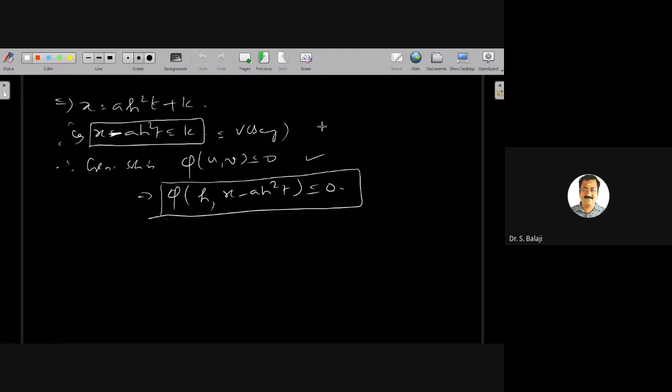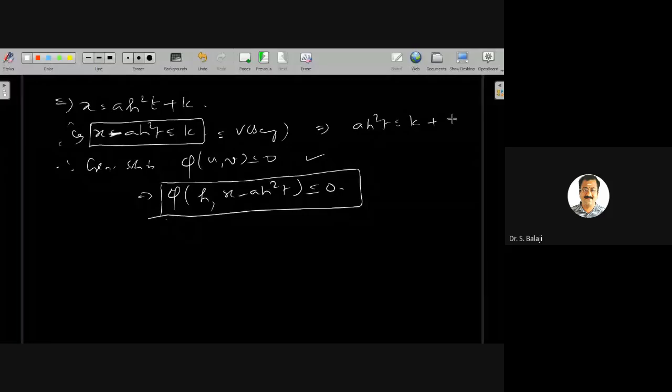Suppose you write it like this: a h square t is equal to k minus x, or x minus k, x minus a constant here, and the condition is given as h of x comma 0 equal to alpha root x.